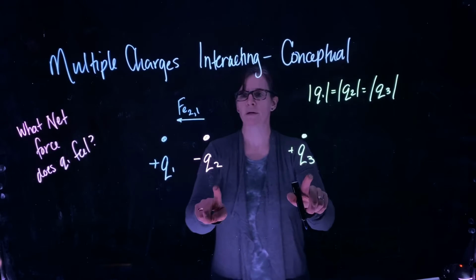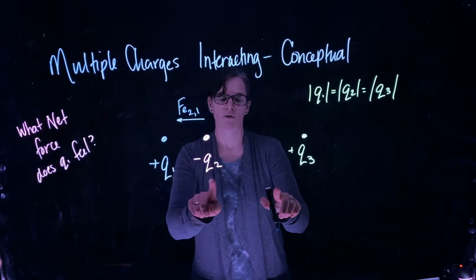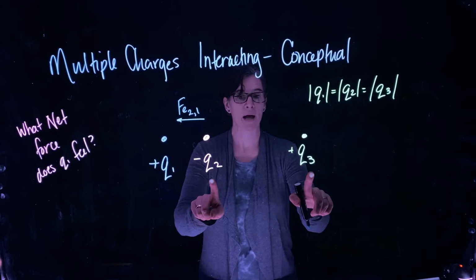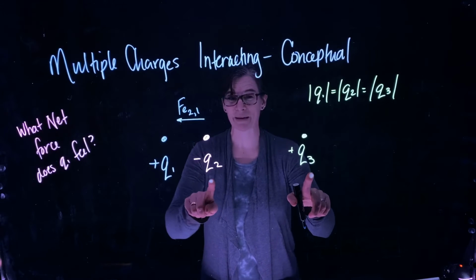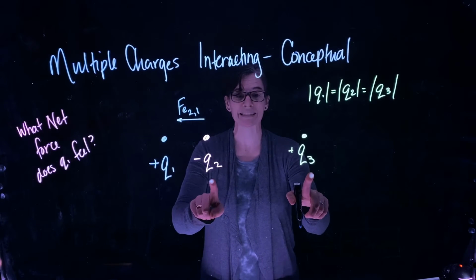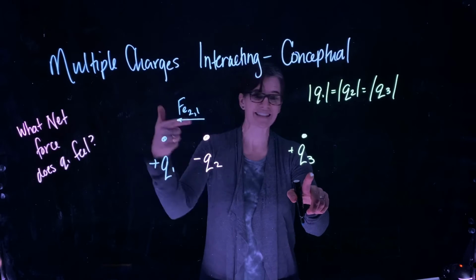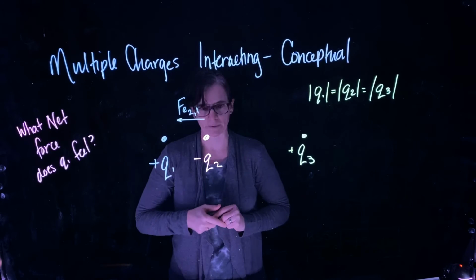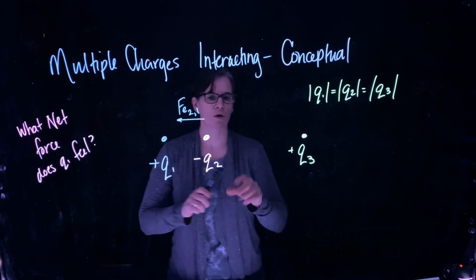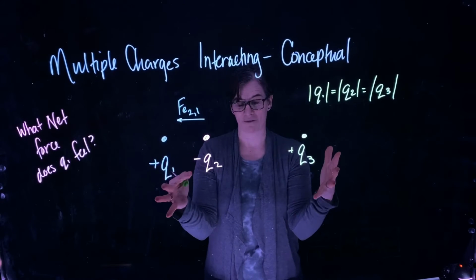What about Q3? Well, Q2 is negative, Q3 is positive. That's going to end up with a negative force based on Coulomb, so that's attractive. And in this case, that means it's in that direction for Q2. Attractive force is in that direction. And so how big is that force?